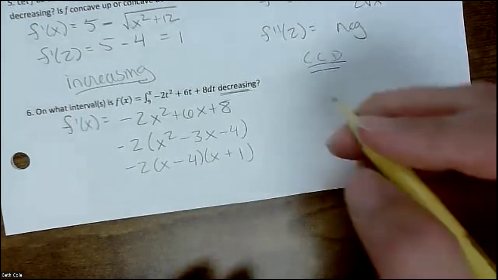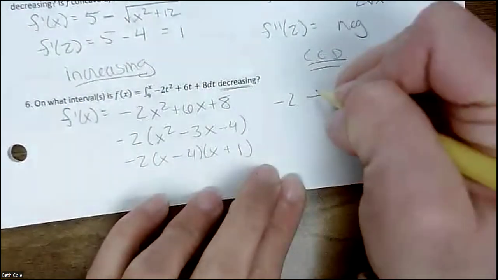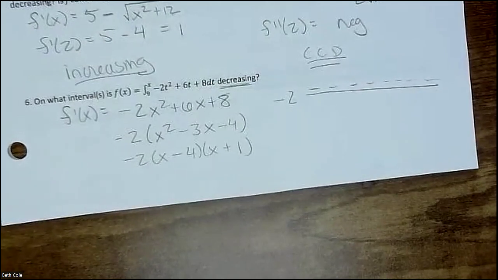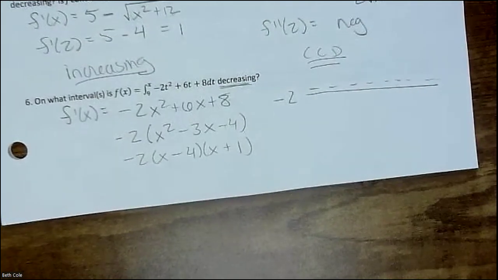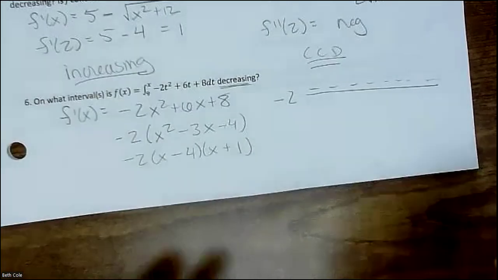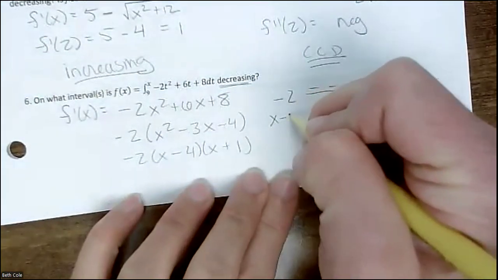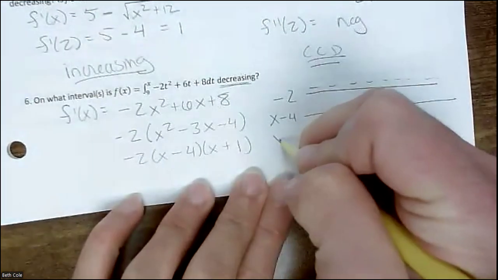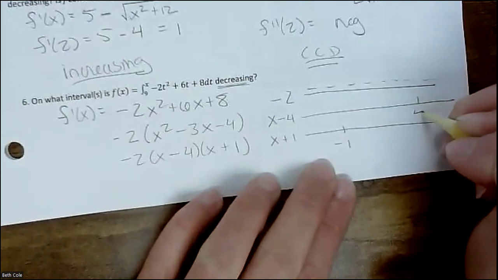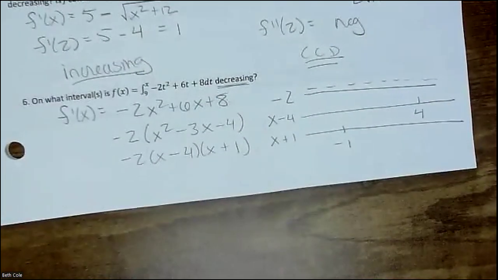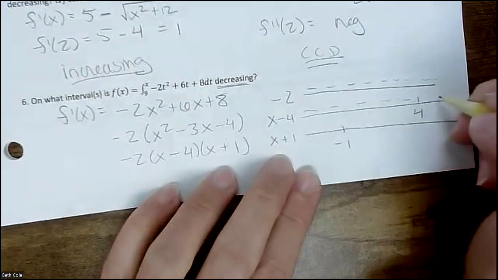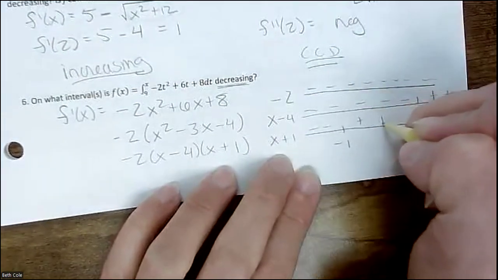You can either make a number line for your -2 and just put negatives the whole way through, or you can skip that and just remember your answer is going to be the exact opposite of what you get. So however you think your way through that. Where are we going to have changes for these? Yeah, -1 and 4. And if nothing weird happened, it will be negative, turn positive.